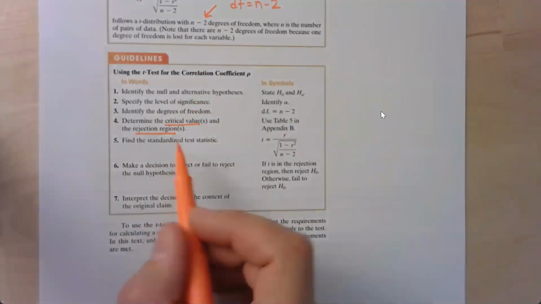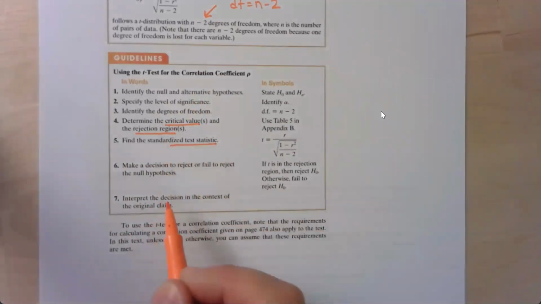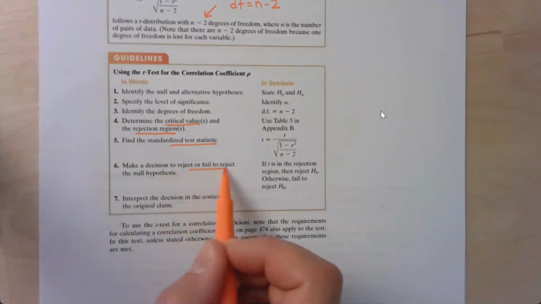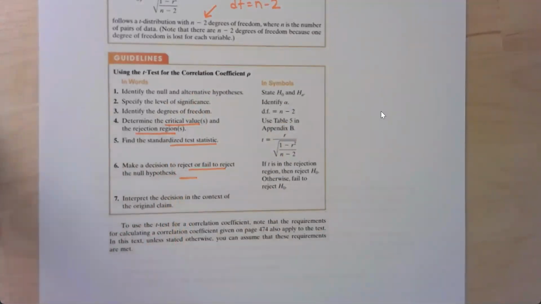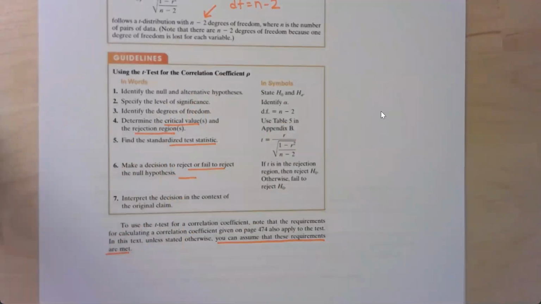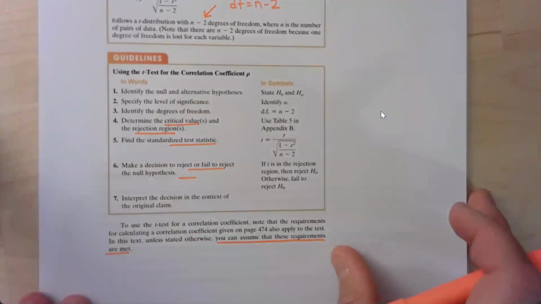And then we'll find our test statistic and decide if it falls in the rejection region or not. And again, like we said before, we are going to assume for right now that these requirements are met. So don't worry too much about the requirements in chapter 9. We're really just looking for an introduction to this topic here.